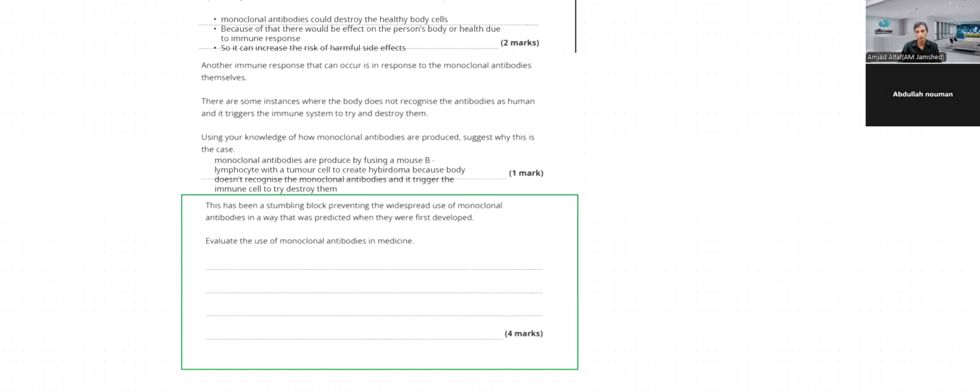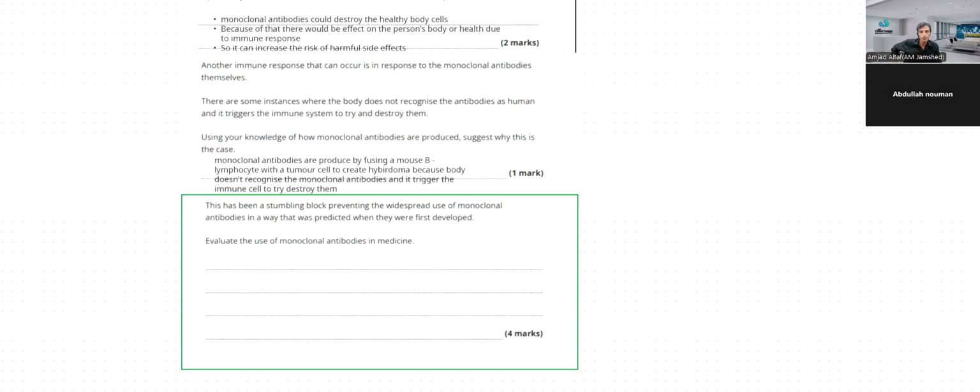I can say that monoclonal antibodies are used in pregnancy tests, identifying pathogens, and in laboratories to find specific substances. They can also be used to treat diseases.